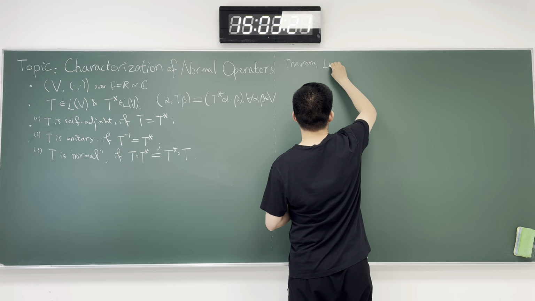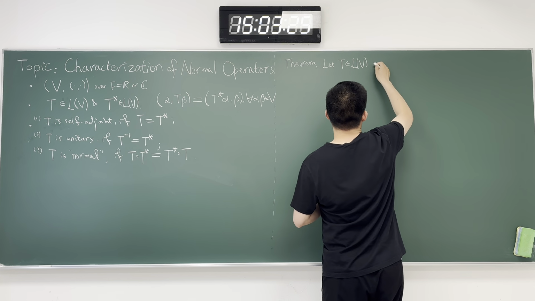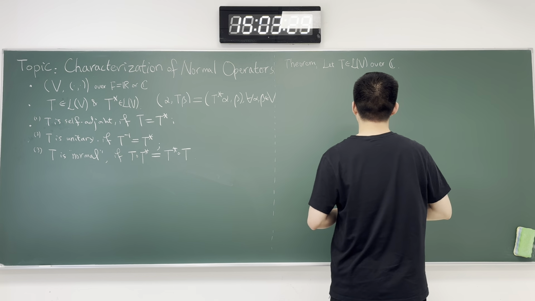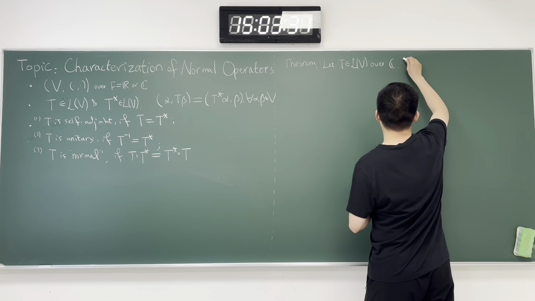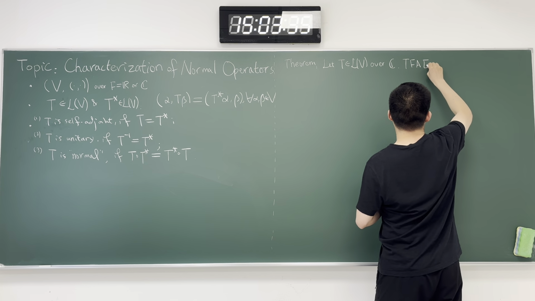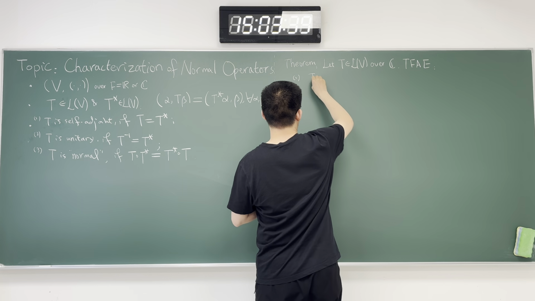So let T be a linear transformation over a complex vector space. Then the following are equivalent. First, T is normal.